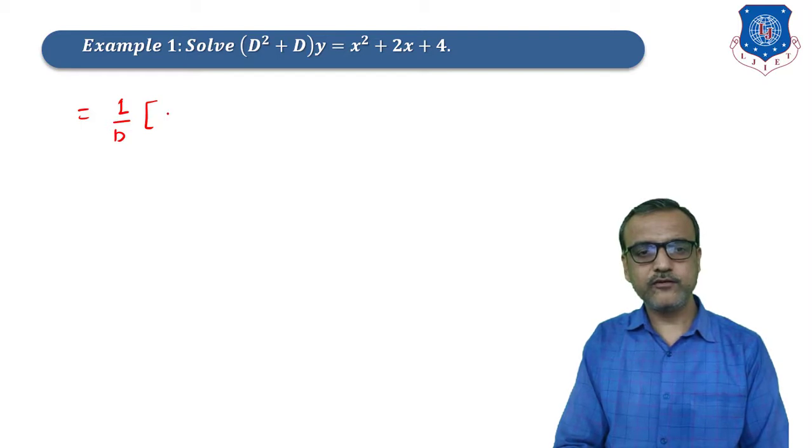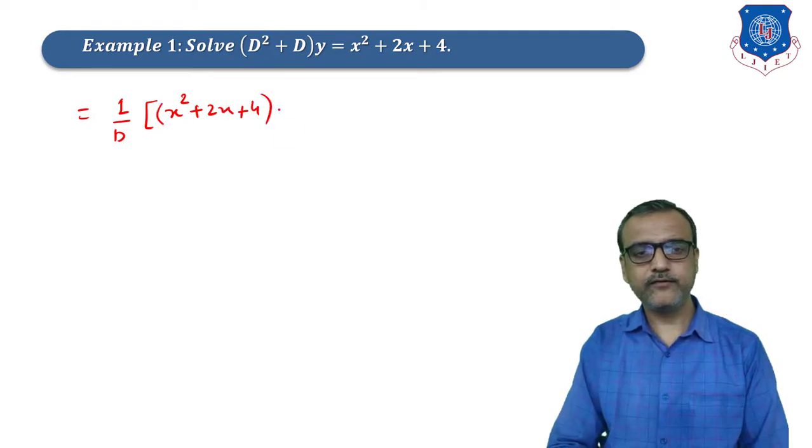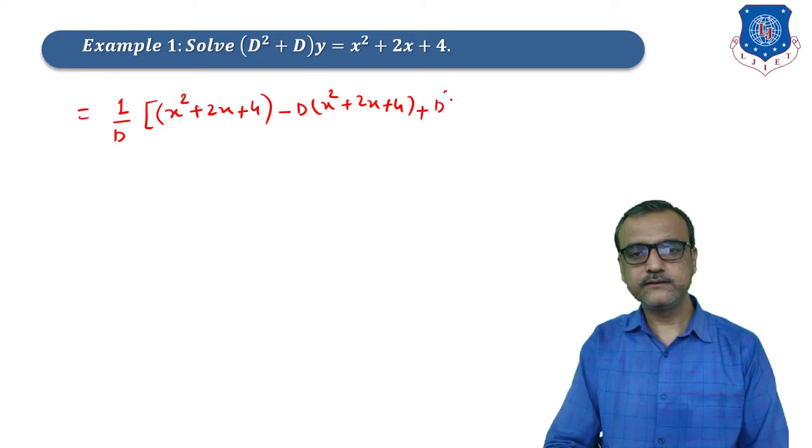So we have x^2 + 2x + 4, then minus D of x^2 + 2x + 4, and finally we have plus D^2 of x^2 + 2x + 4.